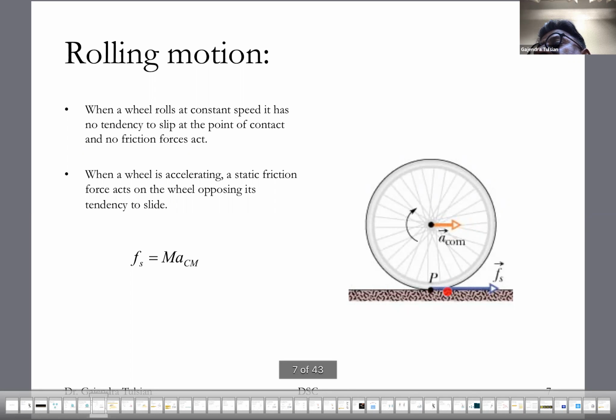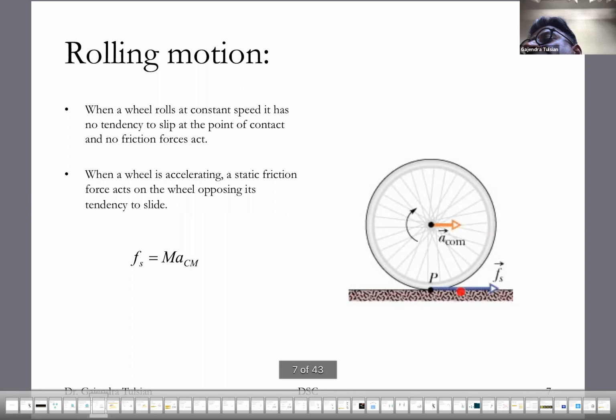It's the static friction force between the road and the tire. The only thing in contact with the wheel is the road, which is exerting the static friction force, and this static friction force is what is giving the wheel the acceleration.